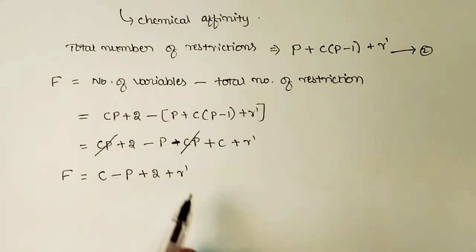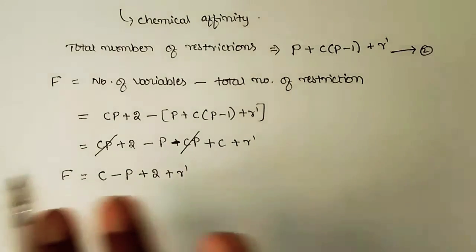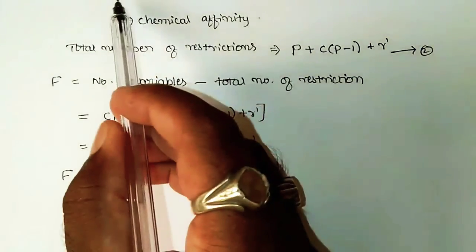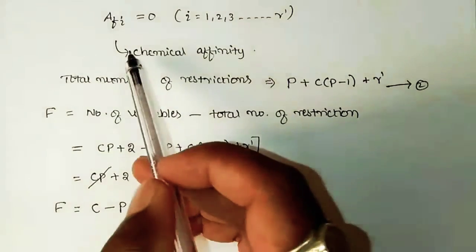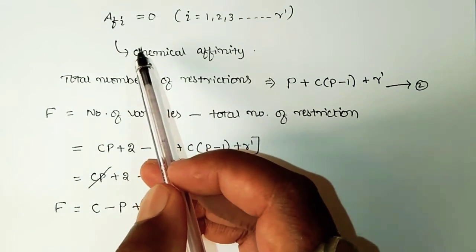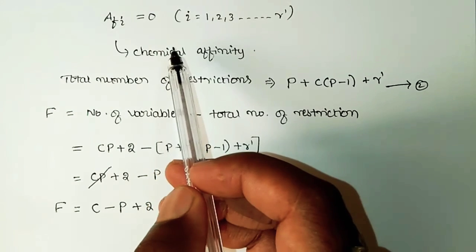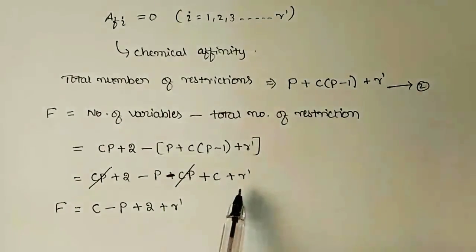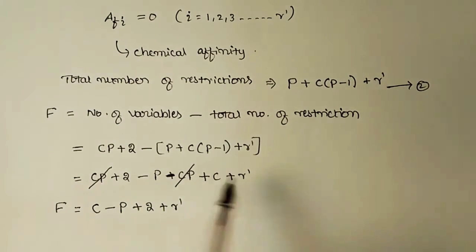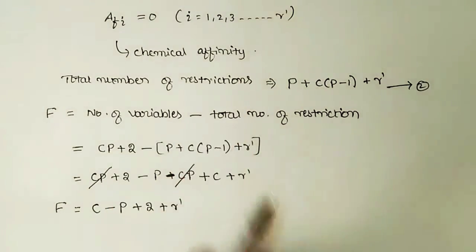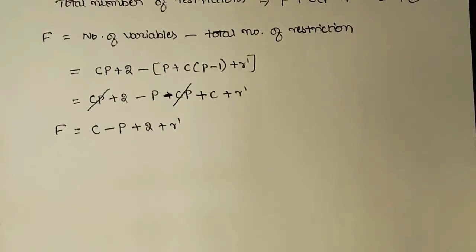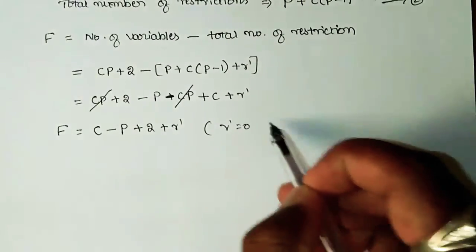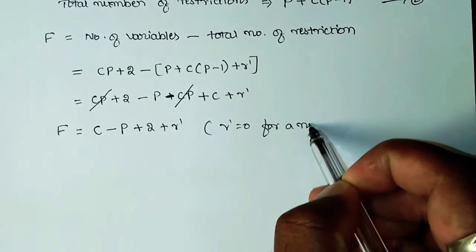If you consider the system to be non-reactive in nature, that means no reaction is taking place in it, then the equations of the type AFI equal to 0, that is the chemical affinity equal to 0, which we have taken, will not be present. So in that case, the condition R dash will be equal to 0. For a non-reactive system, the term R dash turns to 0.